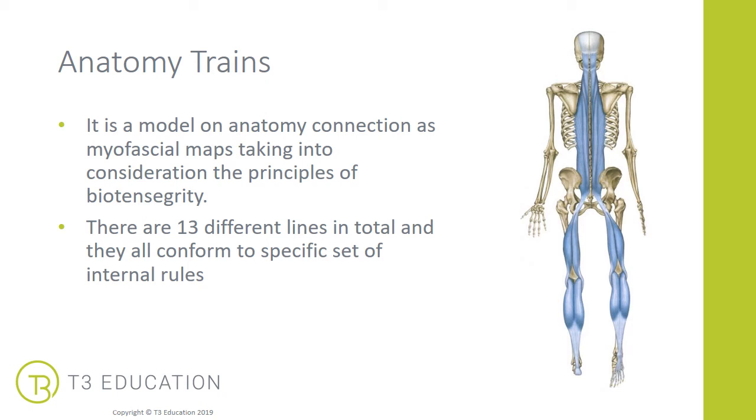He did lots of dissections and looked at this anatomy connection as myofascial maps within the body, which takes on the principles of biotensegrity. So looking at the stable structure of the bones and the relationship with the myofascial system, he created 13 different lines in total, and they all conform to a specific set of internal rules about force production, bony attachments, and how the body moves.